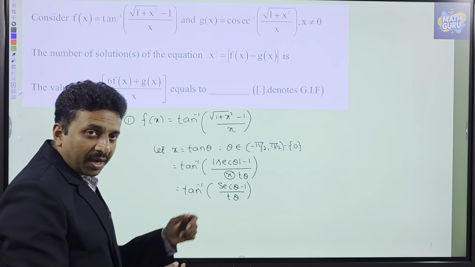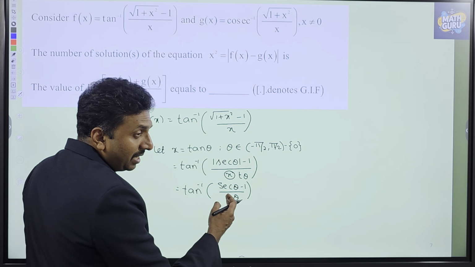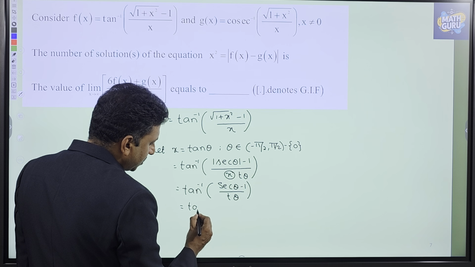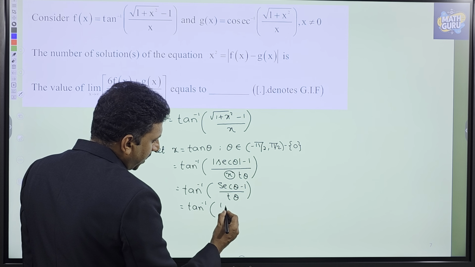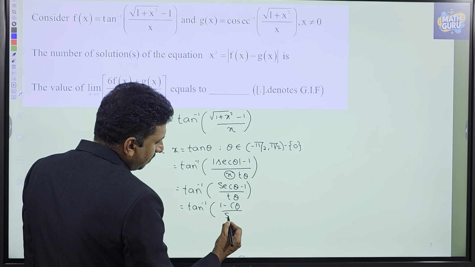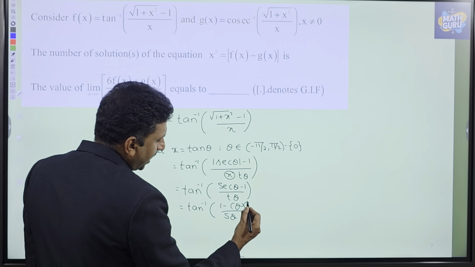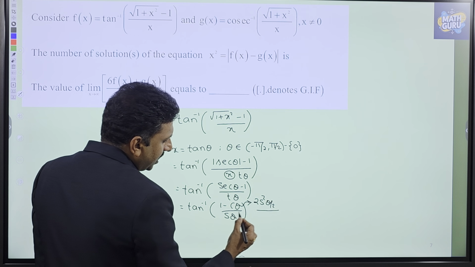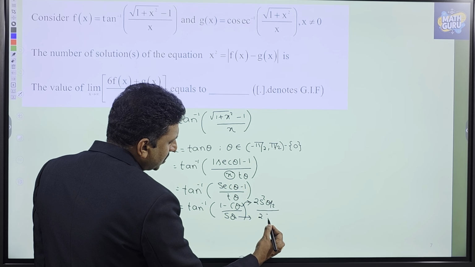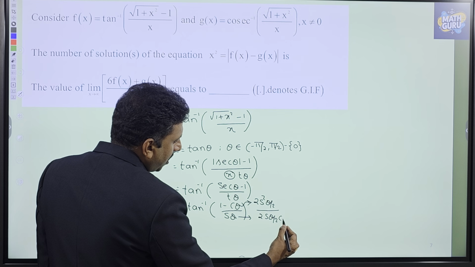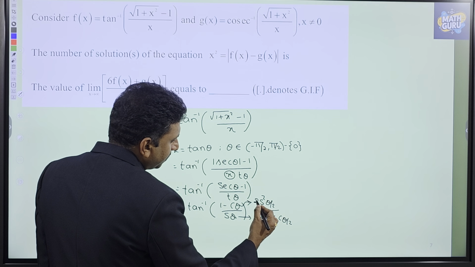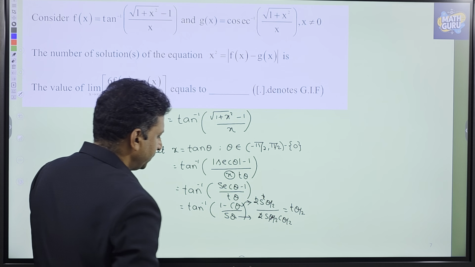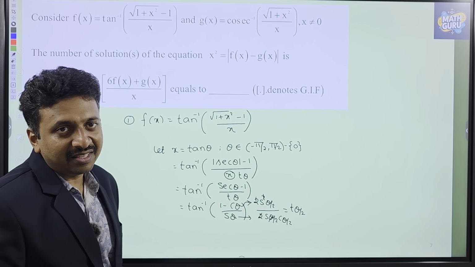You can write this as (1 minus cos theta) by sin theta. Cos theta can be cancelled. So tan inverse of (1 minus cos theta) by sin theta. This 1 minus cos theta can be written as 2 sin square theta by 2, and sin theta can be written as 2 sin theta by 2 cos theta by 2, which is equal to tan theta by 2. So you have tan inverse of tan theta by 2.